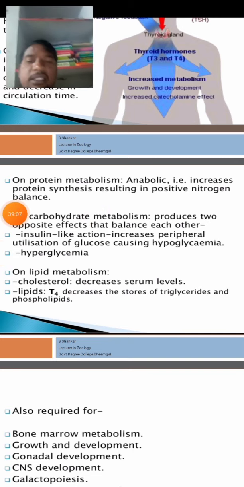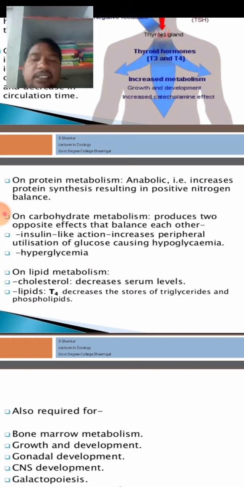On lipid metabolism, cholesterol serum levels decrease. T4 decreases the stores of triglycerides and phospholipids.